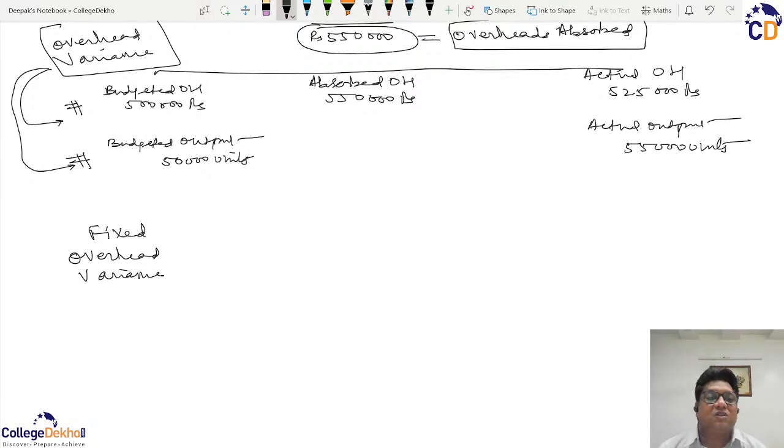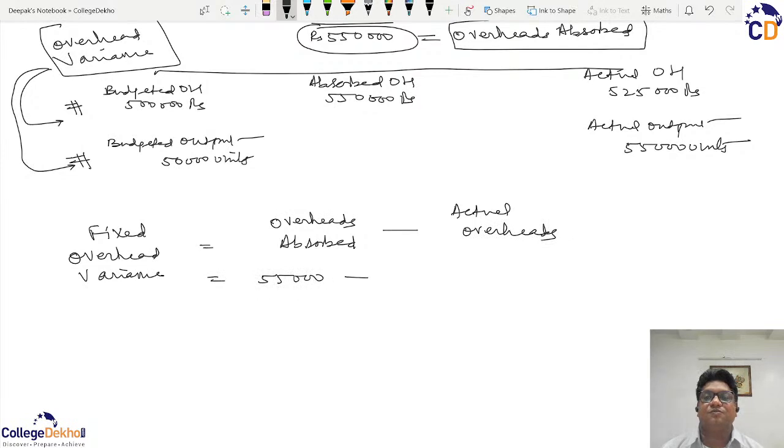So this fixed overhead variance is actually the difference between the overheads which have been absorbed, that is, charged to cost accounts, minus the overheads which have been actually incurred. In this case, we charged in cost accounts 5,50,000, we incurred in financial accounts 5,25,000, and this 25,000 denotes the fixed overhead variance.